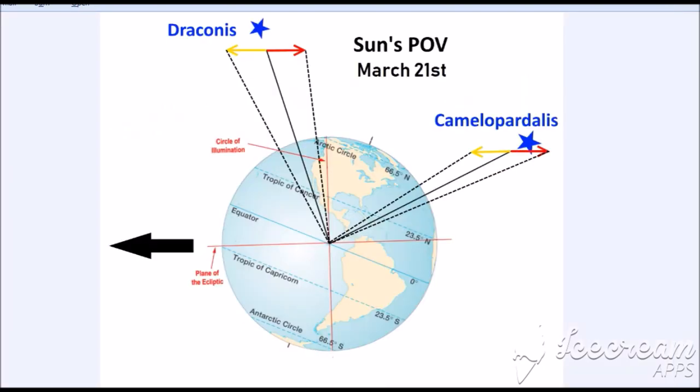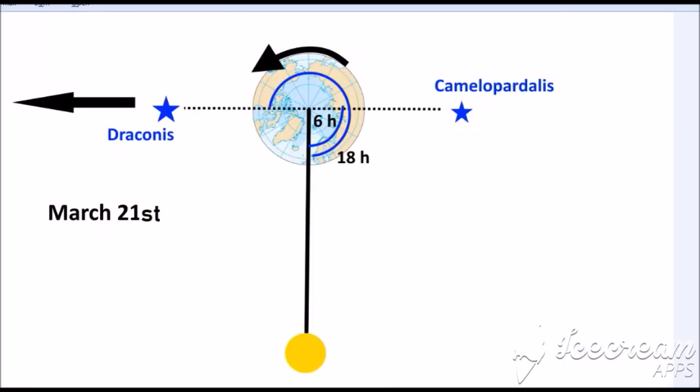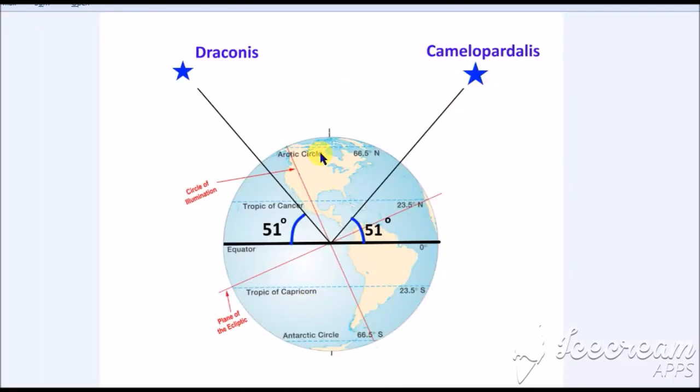Next, what really happened: he was looking for stellar parallax, but something else he ran into was this stellar aberration. If we are the sun, this is the sun's point of view on March 21st. I think you can see that this picture is tilted, not like this one.